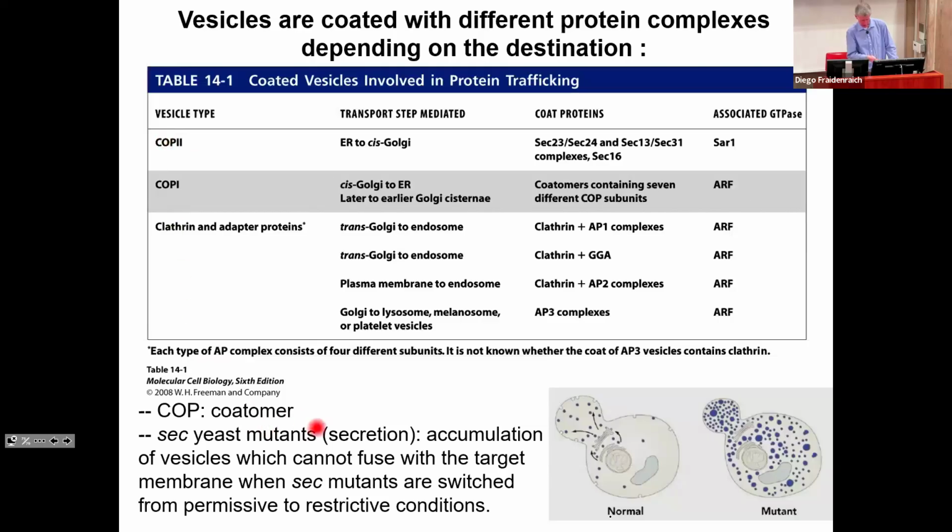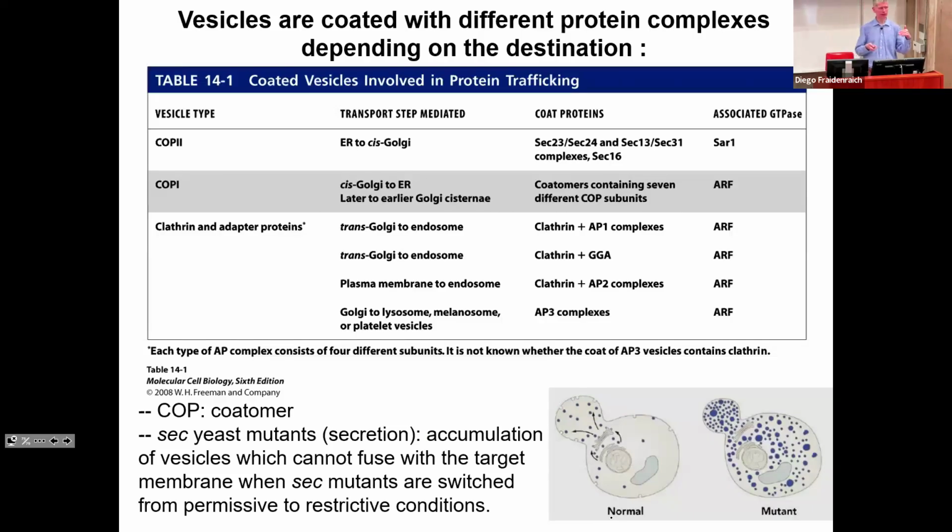I put this here at the bottom because some proteins are called SEC1, SEC3, whatever, SEC31. That goes back to budding yeast. I had one slide with Randy Schekman, who studied this in great detail using budding yeast to figure out which proteins are needed for the vesicle to go, for example, from ER to the Golgi.